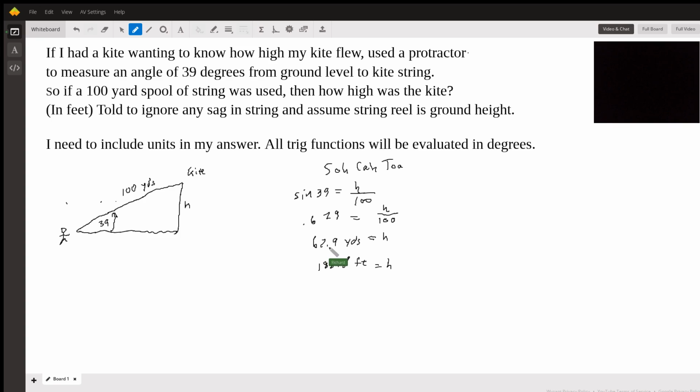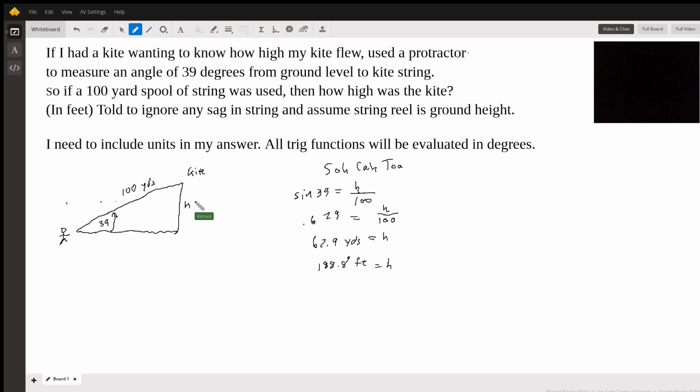I call it a sanity check. It's not an exact check, but is it reasonable that this could be 63 yards? If this is 100 yards, is it reasonable this could be 63 yards? And I would say yes. And so I have a fairly good degree of confidence that this is the right answer.